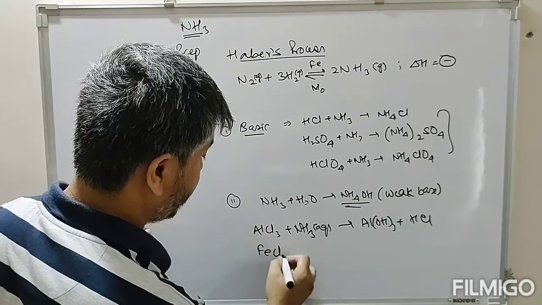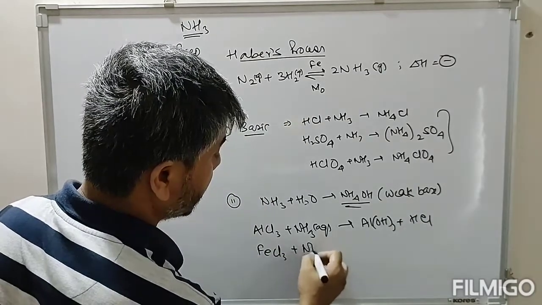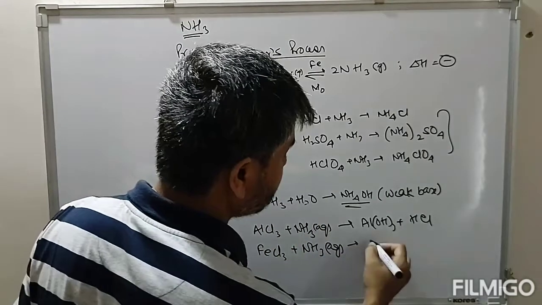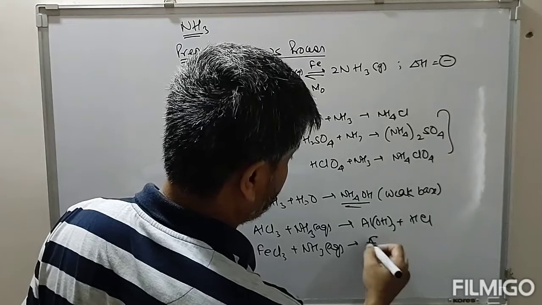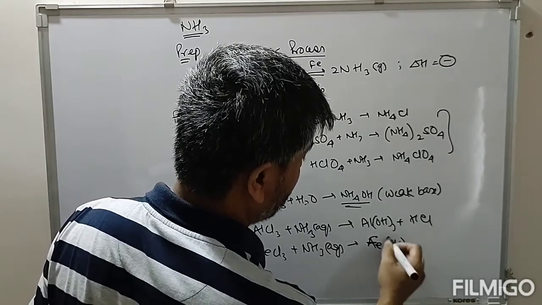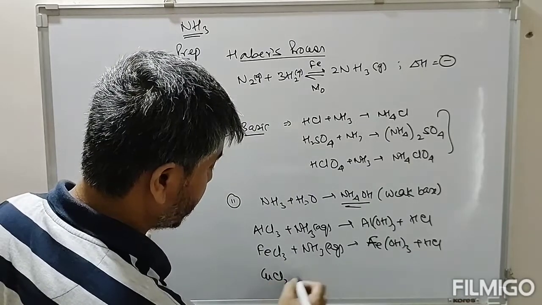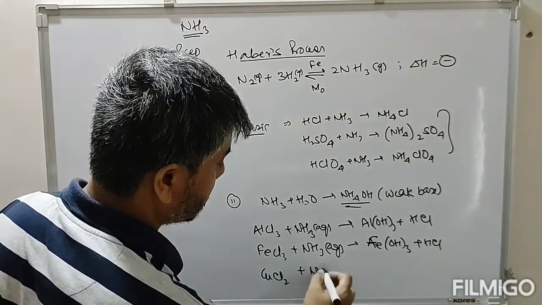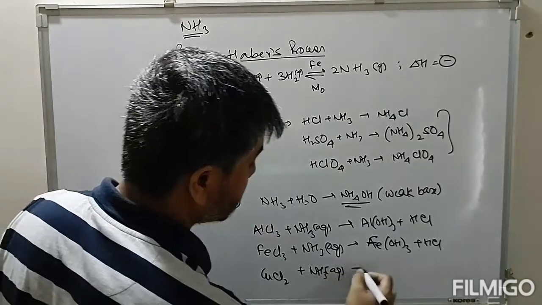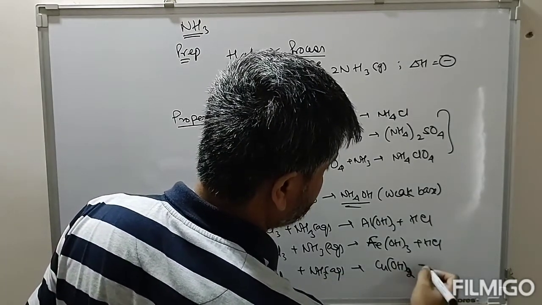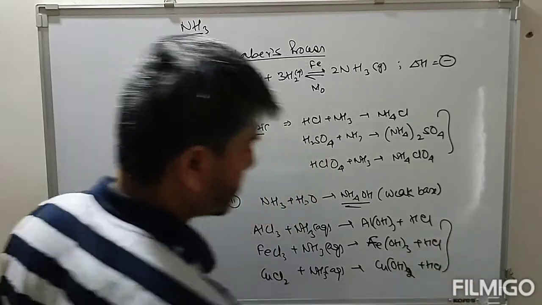FeCl3 reacting with aqueous ammonia is a hydrolysis reaction, giving Fe(OH)3 plus HCl. Similarly, copper chloride with aqueous ammonia gives copper hydroxide plus HCl, etc.